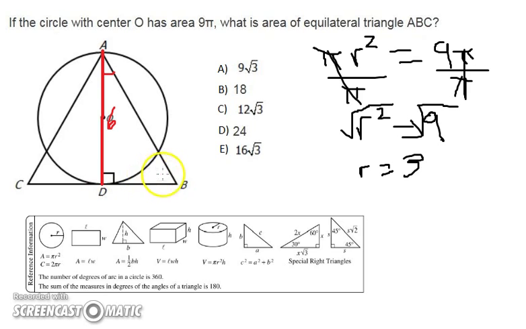And since this is 90, that makes this a 30, 60, 90 triangle, which is this one here. So the side across from the 60 degree angle, this is the 60 degree angle here, this is the side across from it, is x square root of 3. Whereas this side would be x.